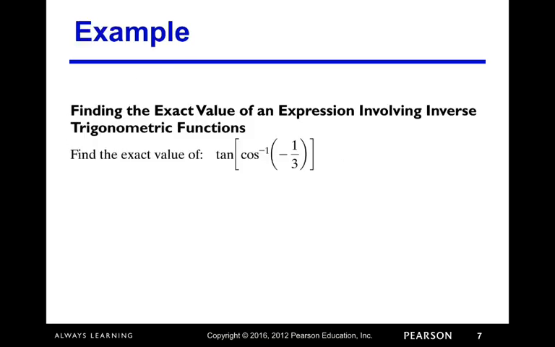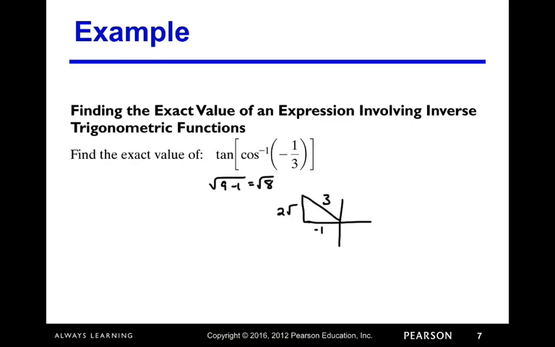Alright, find the exact value of the tangent of the angle that has a cosine of -1/3. So now we've got a cosine of -1/3. Well, cosine, remember, we look in the first or second quadrant, and it's going to be negative in the second quadrant. And so the same thing, square root of 9 minus 1 equals the square root of 8.